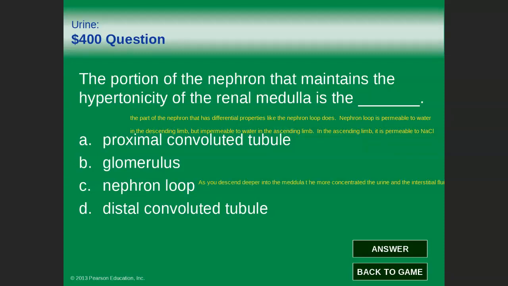That's because of the unique differential properties of the descending and ascending limb of the nephron loop.